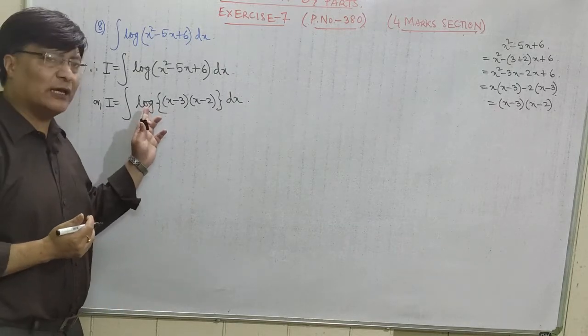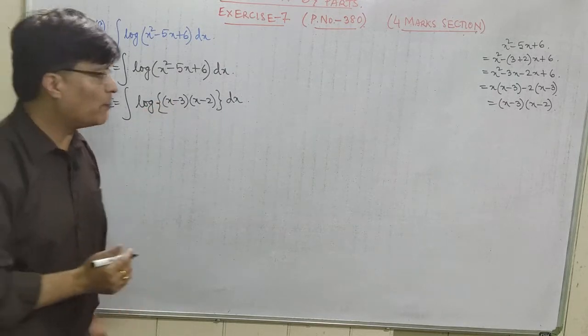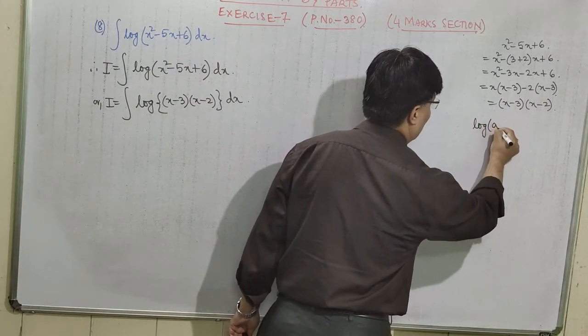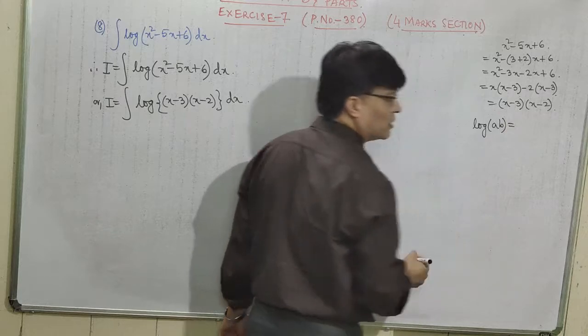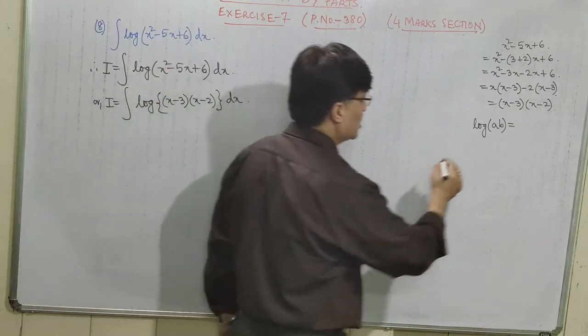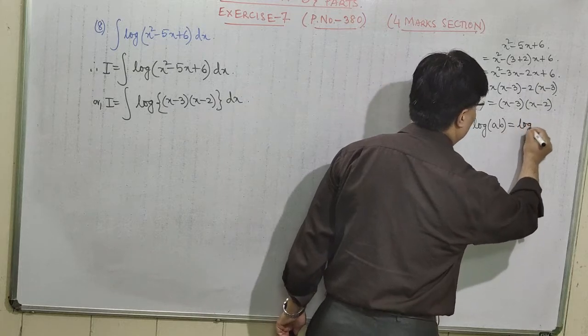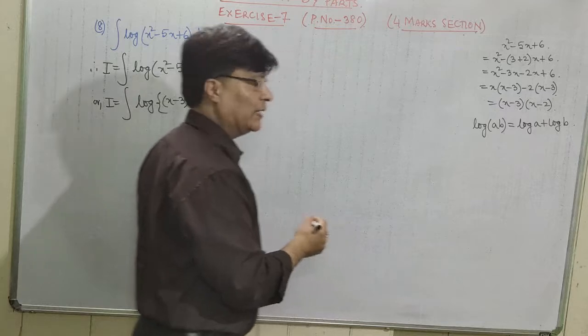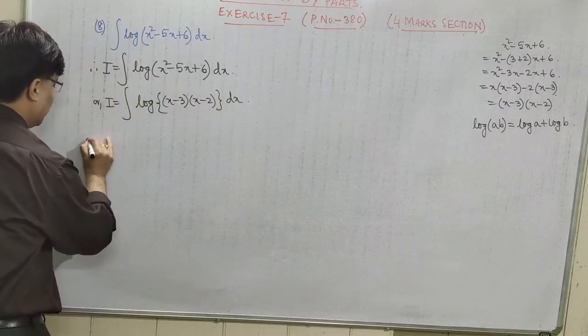Again, you can use the properties of logarithm, log of AB. What is the logarithm of the product of two numbers? It is equal to the sum of their logarithms. You know that, isn't it? Which is equal to log A plus log B. So let us write it here.